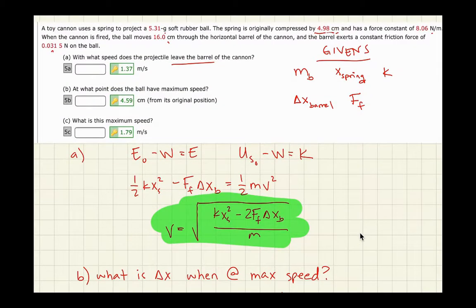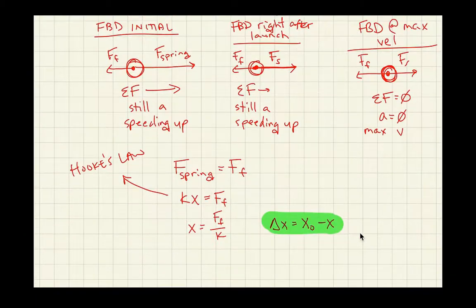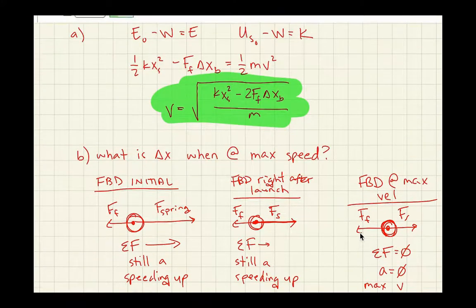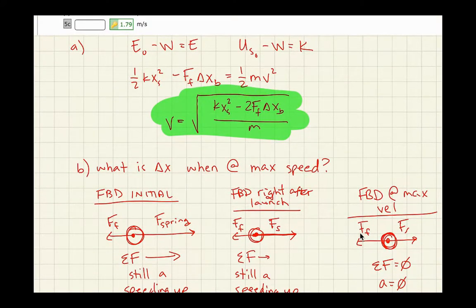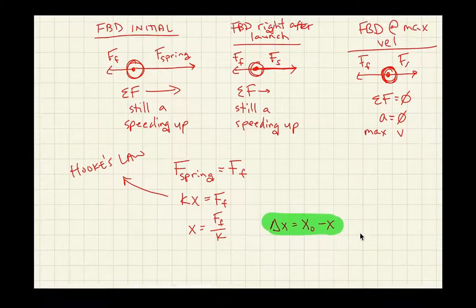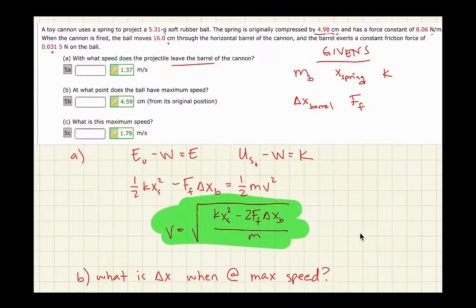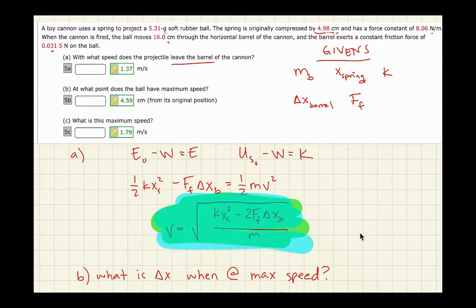And then lastly, the maximum speed. So now I'm calculating the velocity at that point. I'm just substituting this x here into this equation here.